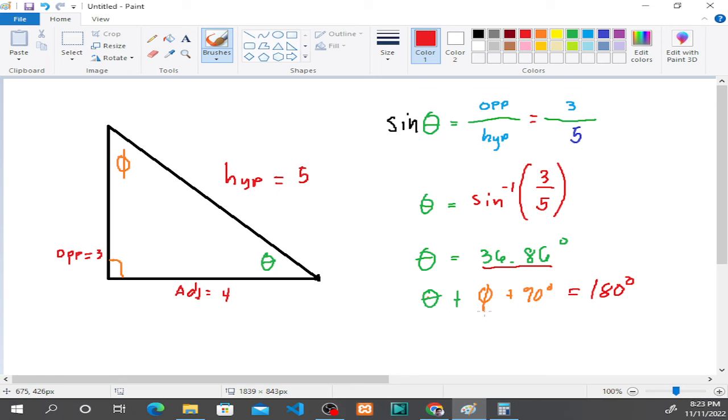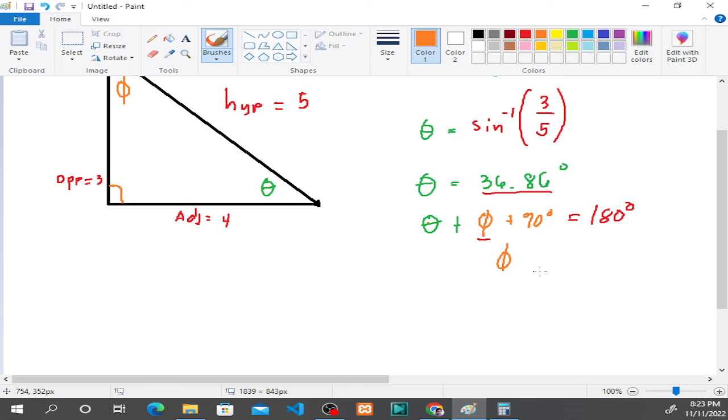Then I just have to solve for phi. Solving for phi requires me to isolate it and then subtract the sum of 90 and 36.86 from 180 degrees.